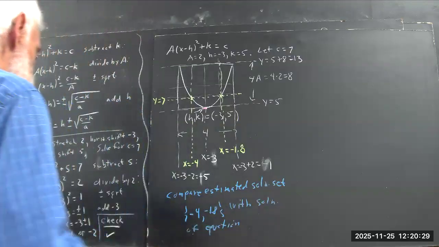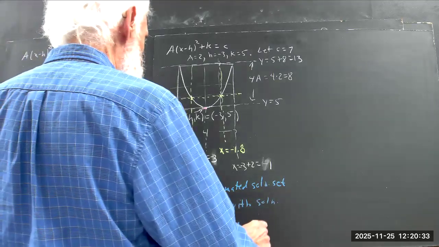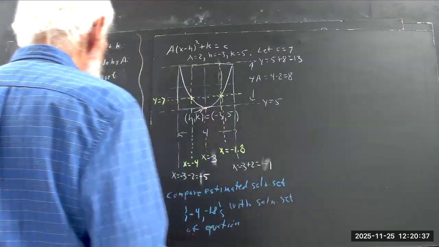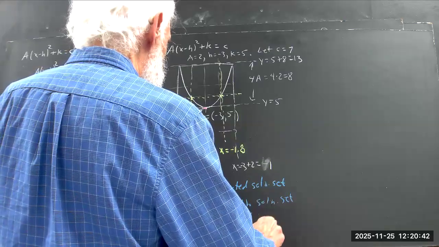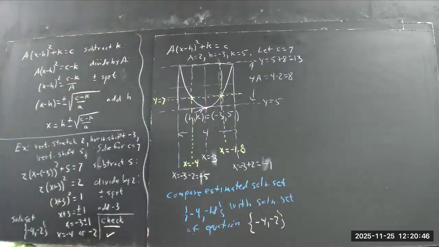It says equation, I muffed that. The solution set of the equation was -4, -2. So which do we believe?